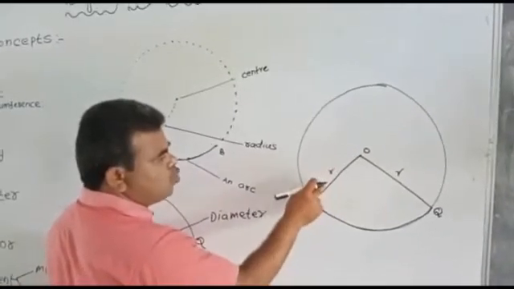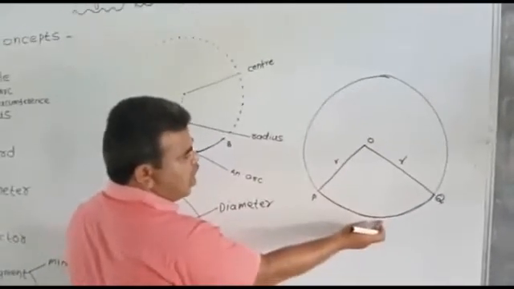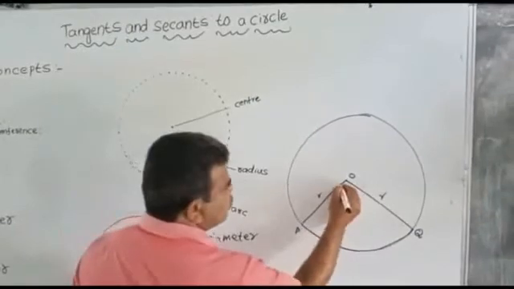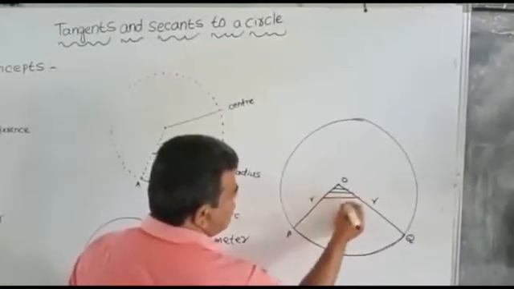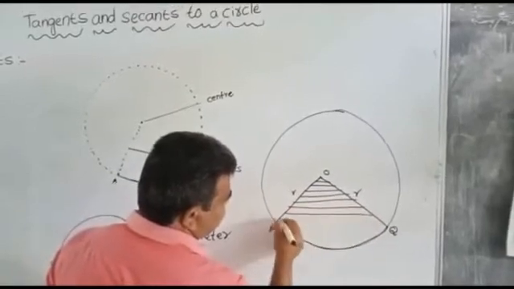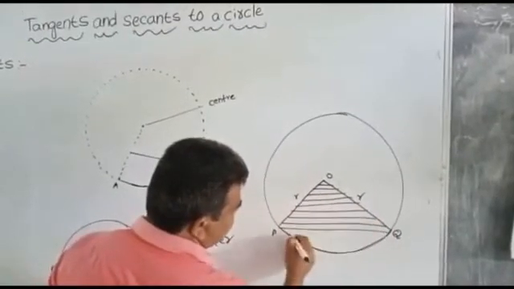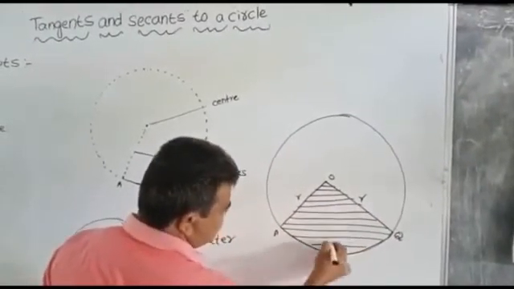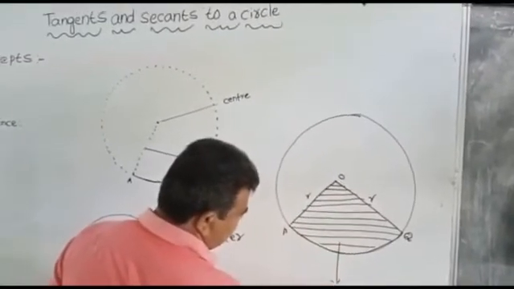The combination of these two radii and an arc is known as a sector of the circle.